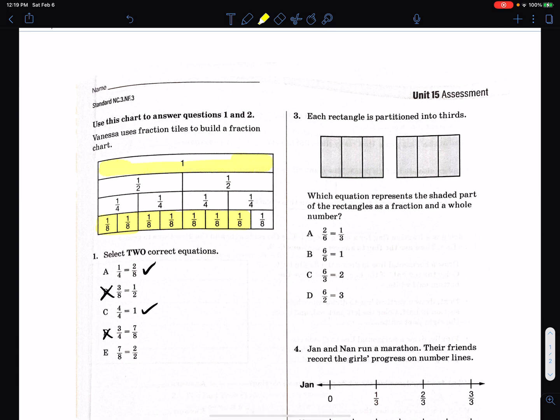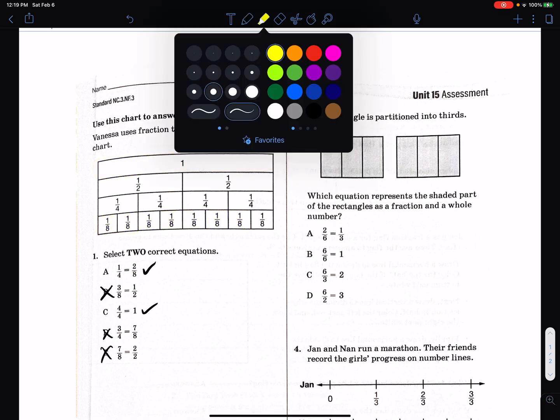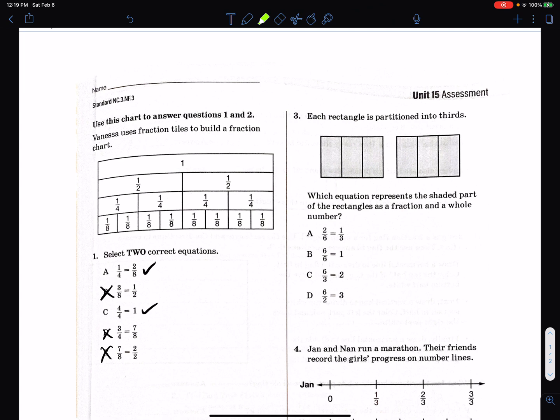So I'm going to color in this whole. And I see that actually 2/2 is going to be greater than 7/8, or 7/8 is going to be less than 2/2. So I know that this one would not be correct. So my two equations that would be correct are letter A and letter C.